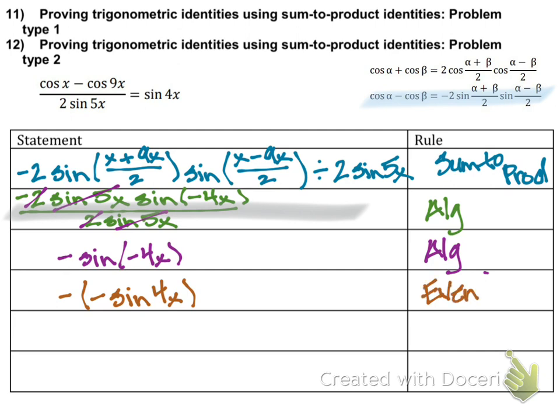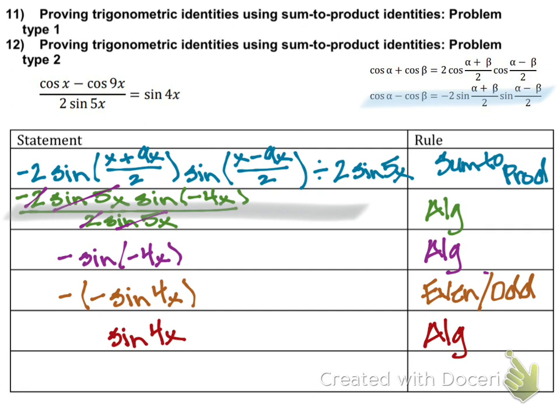Because sine is odd, so we take that negative out front and then make that the sine of 4x by algebra. I don't know if it would let us not write it like this and go directly here by even odd, or if it would be grouchy about you didn't point out that you were pulling out that negative.